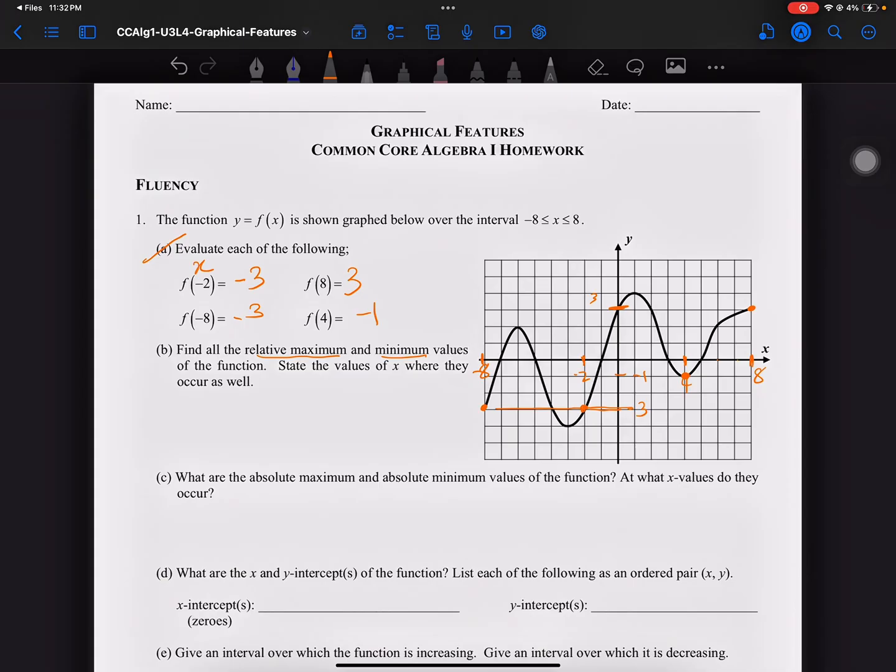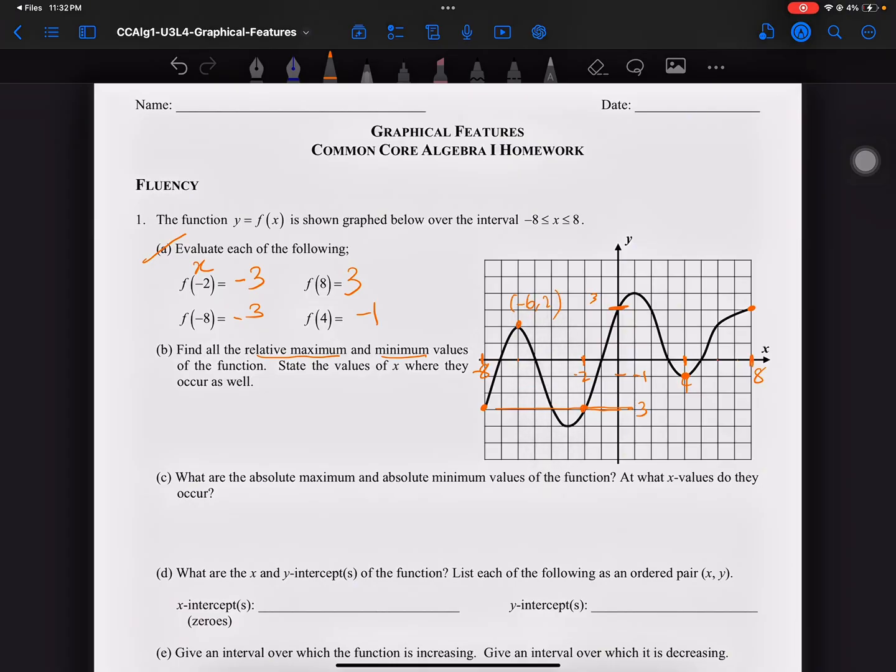So you can see from the graph, the relative maximum goes up then down at (-6, 2).